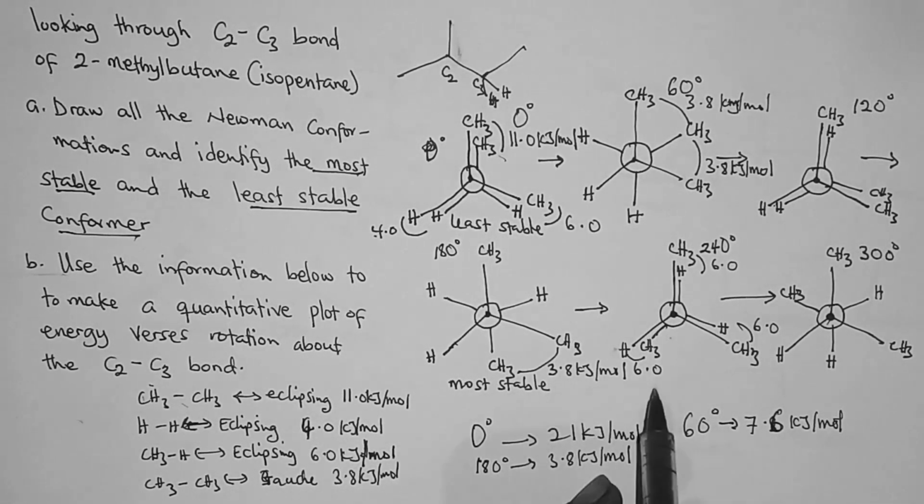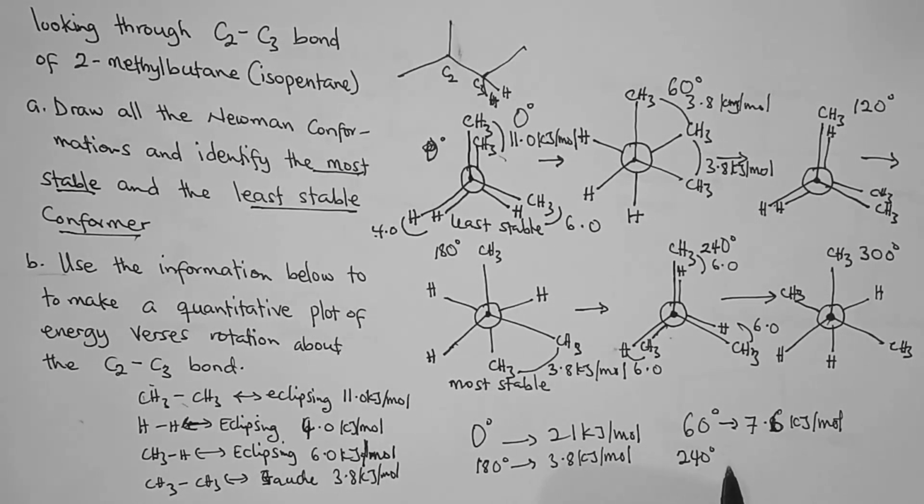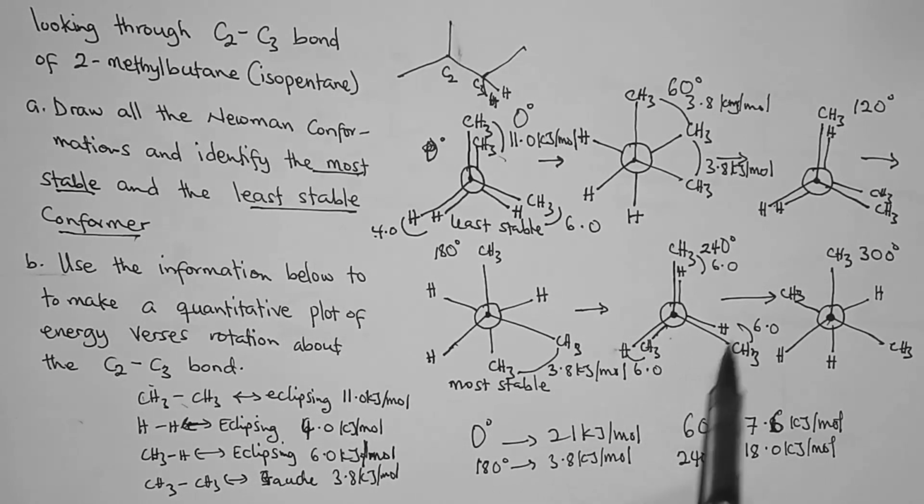So 6.0 plus 6.0 is 12.0 plus another 6.0. That is 18.0, and that corresponds to 240 degrees. So for the 240 degrees conformer, we are having 18.0 kilojoules per mole. And it is understandable because you can see that that is an eclipsing conformer.